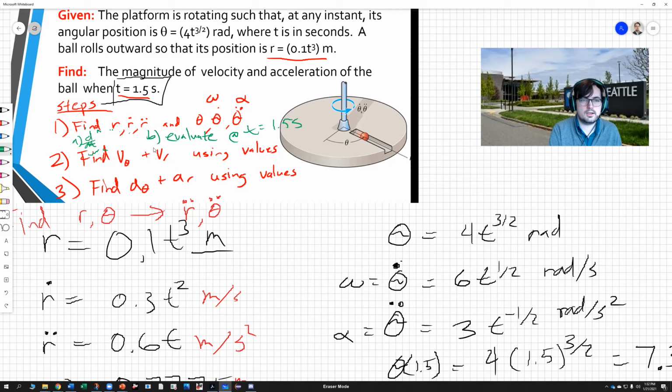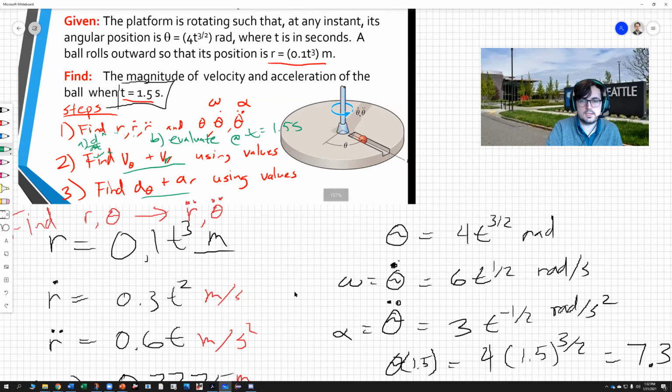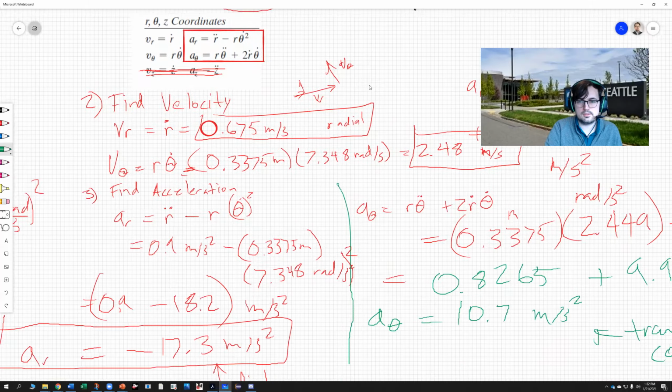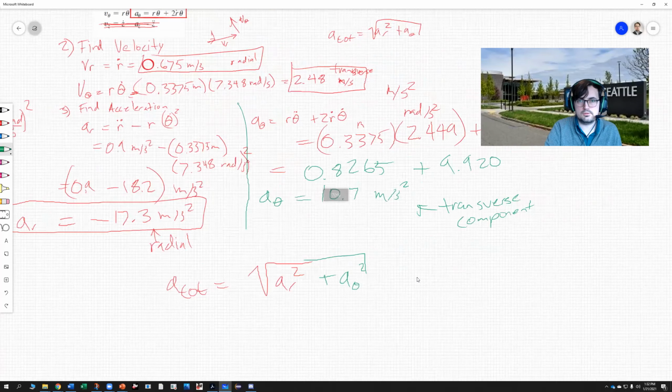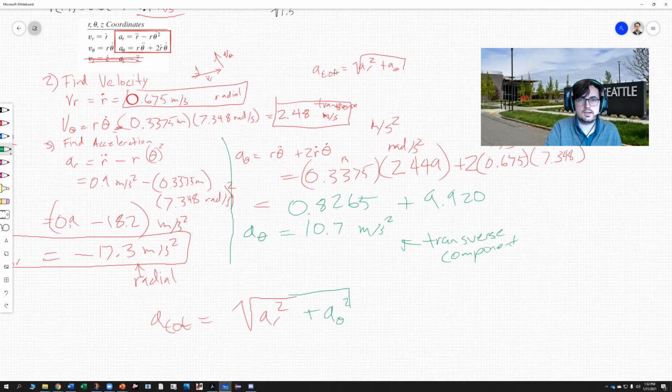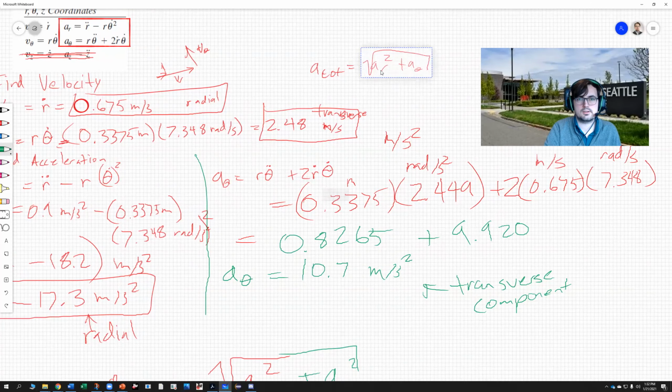Once we have those, we plug our values into our v_r and v theta equations to find our transverse and radial components. And then we do the same thing for acceleration using our relationships. And to find the magnitudes, all we need to do is take the sum of squares to find the total acceleration. And in this case, I wrote total acceleration up here.